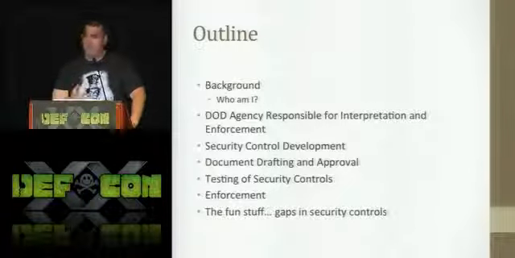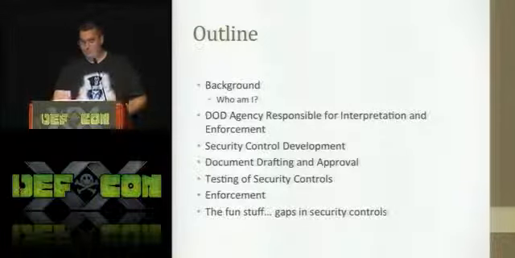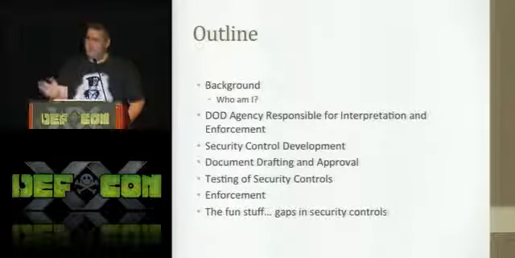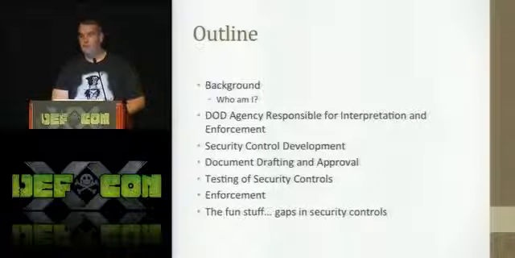This topic is mainly going to be about the DSS, how they implement controls, how they develop them, and some of the major flaws in their security controls. Unfortunately, it's going to take me a little while to get there, so I hope you guys hold out. I want to give some background. Not a lot of people are familiar with how classified controls are put in place, developed, and enforced.